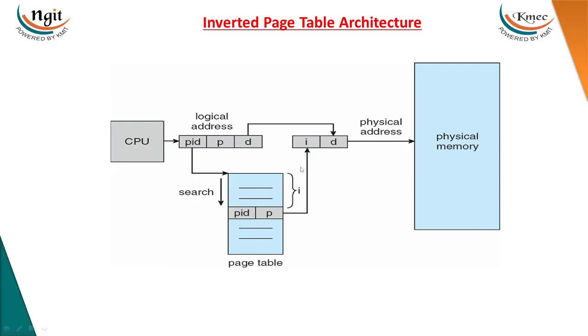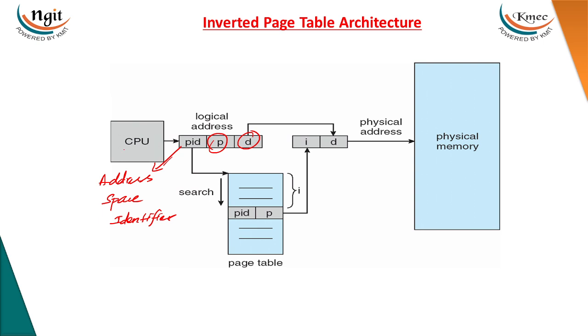So now the logical address is divided into three parts: first the PID, the address space identifier, followed by the page number, and followed by the offset value.